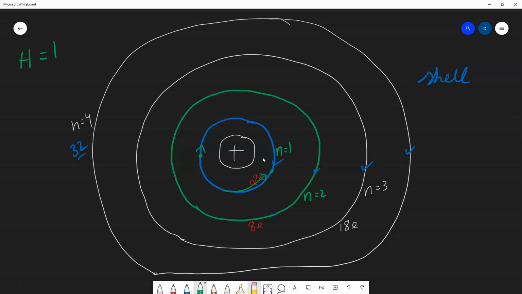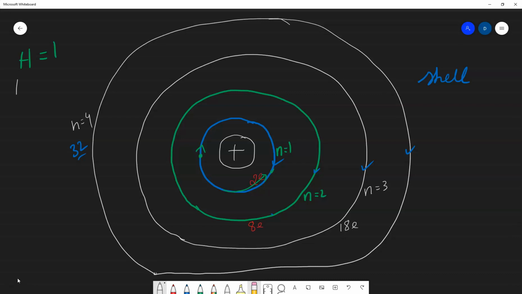Because they don't go in circles, there is no question whether it's going clockwise or anti-clockwise. But later on, we'll come to know exactly how these electrons will be around the nucleus. So you can use this model to understand how the electrons are distributed.